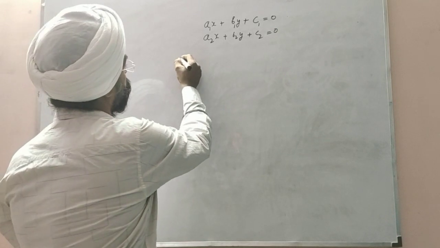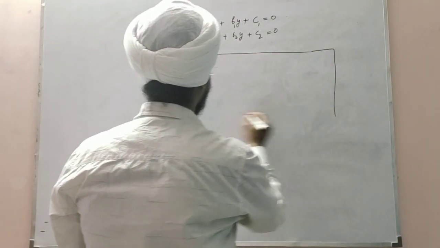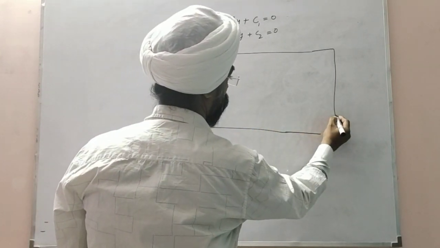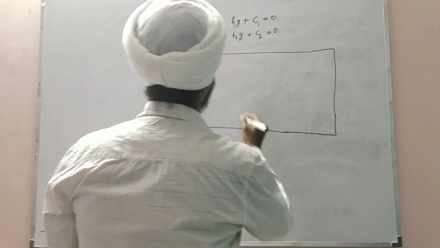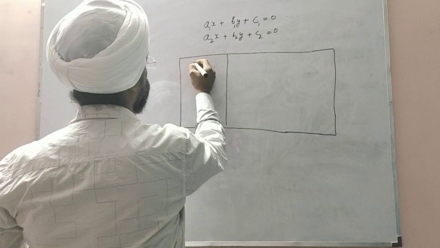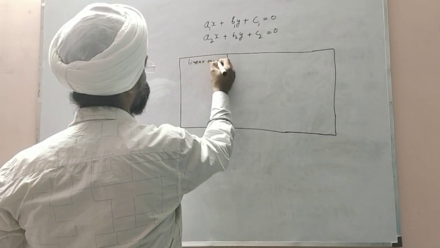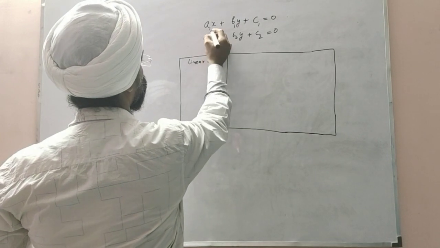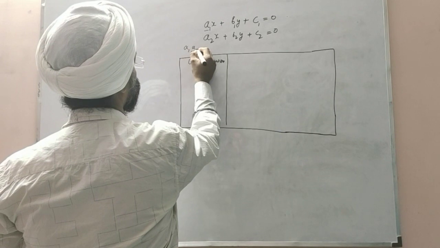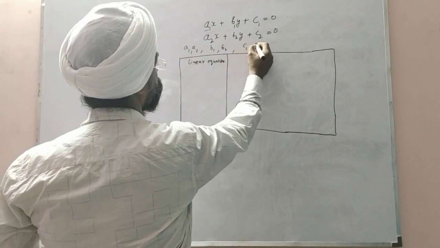Now how to make a table and learn in an easy way. These are called coefficients: a1, a2, b1, b2, c1, c2.